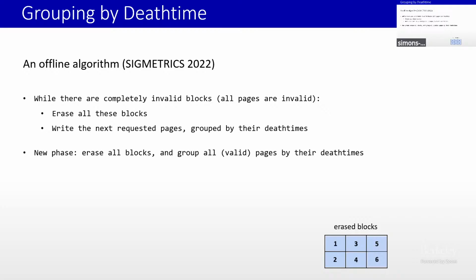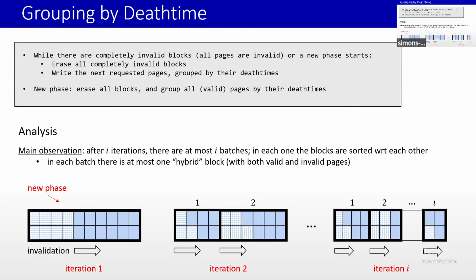Once I don't have completely invalid blocks anymore, the current phase ends, and a new phase starts. I'm going to erase all blocks and just group all the valid pages according to their death times. Okay, so this is the algorithm.